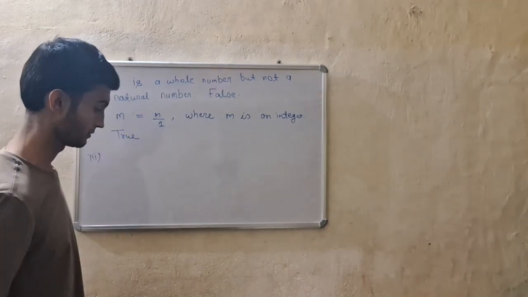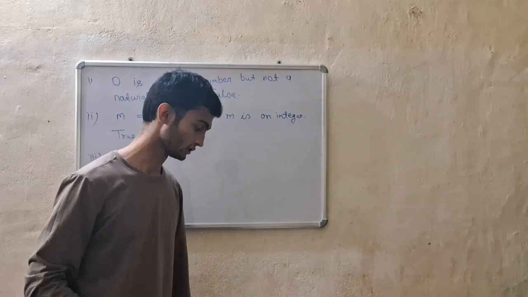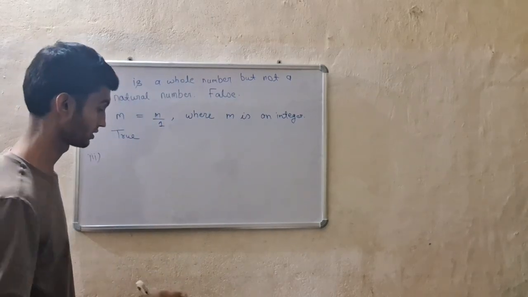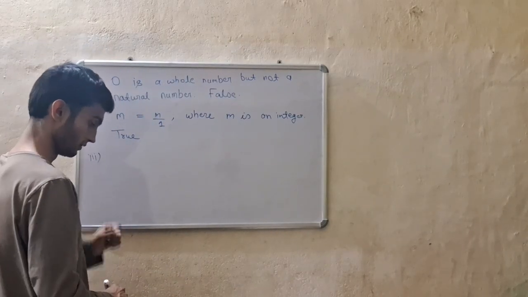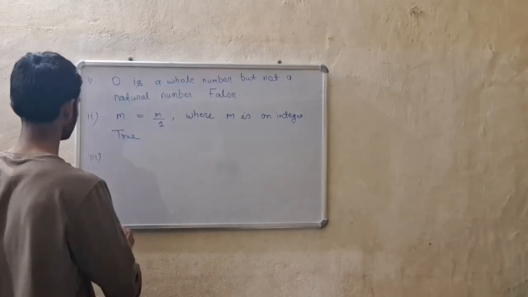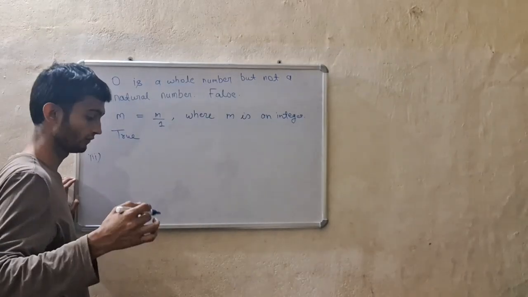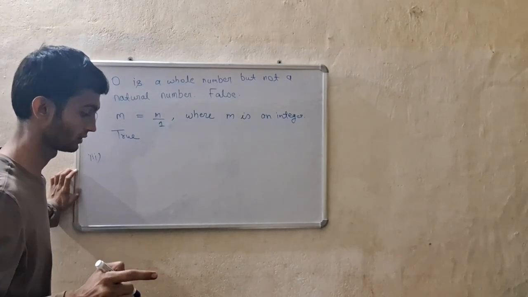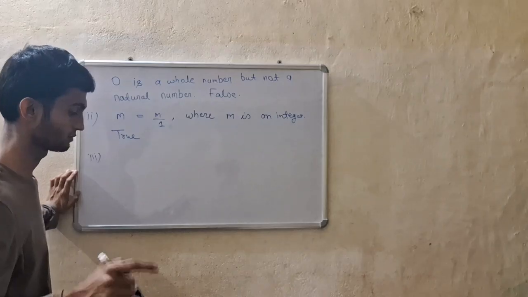Now the third statement says that every rational number is an integer, which is false. Every rational number is not an integer. You can give any rational number which disproves this statement.